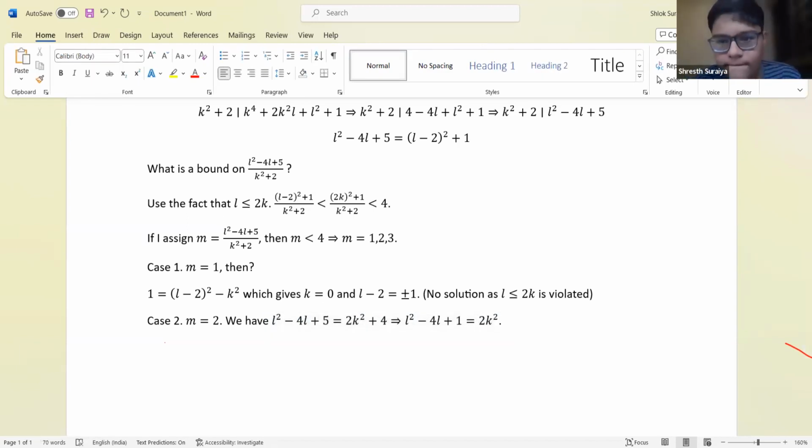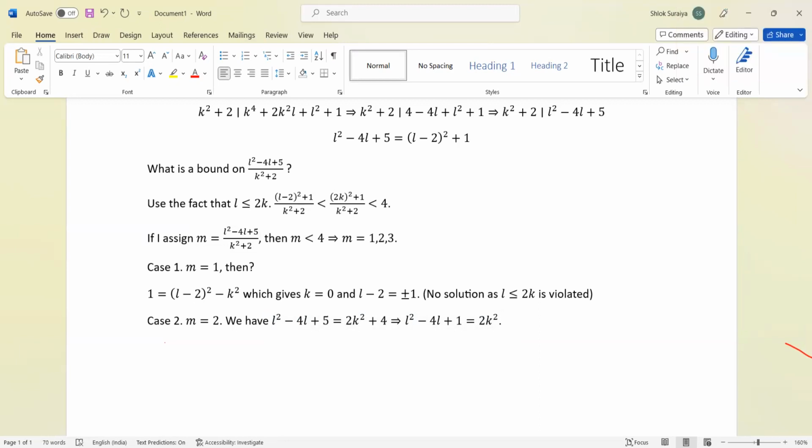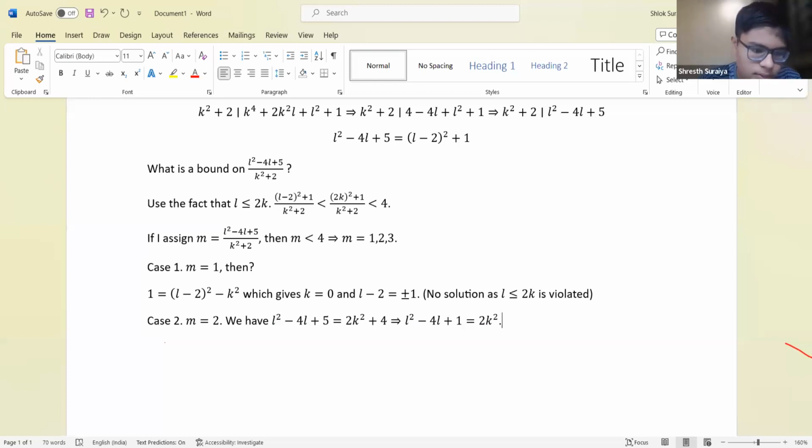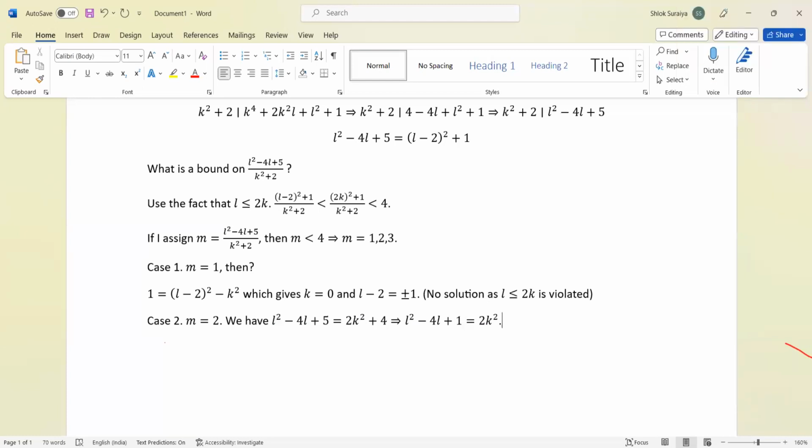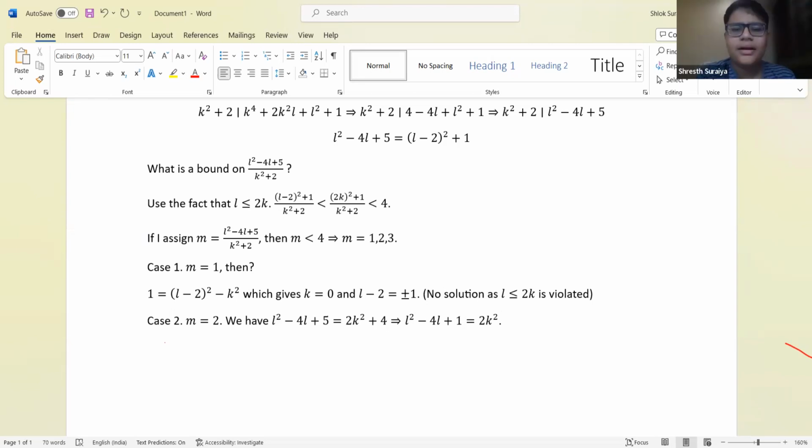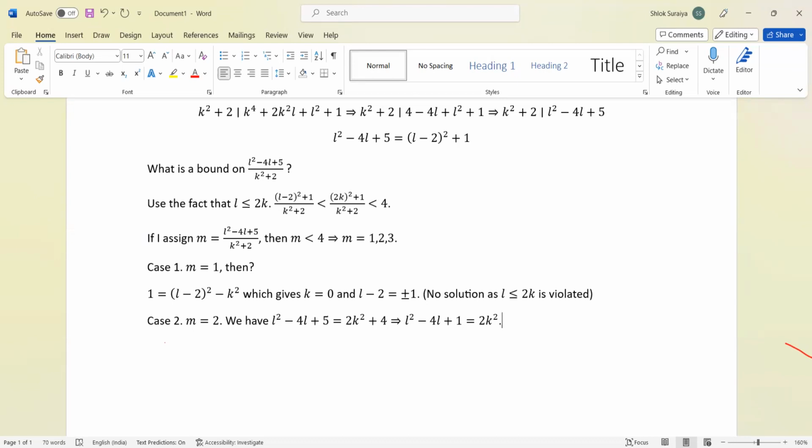How will you take it from here? The left hand side is odd, and the right hand side is even, which is not possible. So this is no solution then, right? But why is the left hand side always odd? Oh, sorry, not always. It's a good idea. So you have l is odd basically.